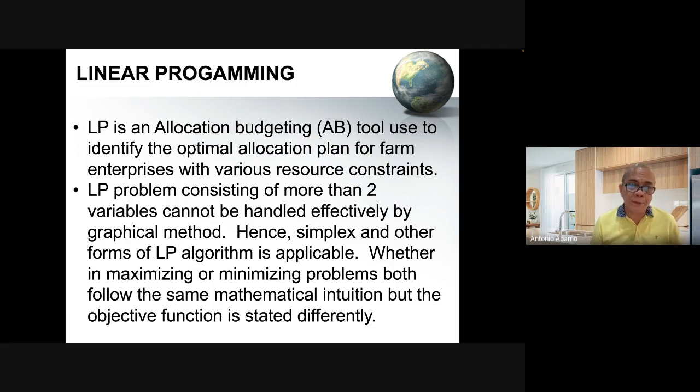Linear programming, or LP, consisting of more than two variables cannot be handled effectively by the graphical method. Hence, the simplex and other forms of LP algorithm are applicable. So we will use more than two variables, so it cannot be solved manually.